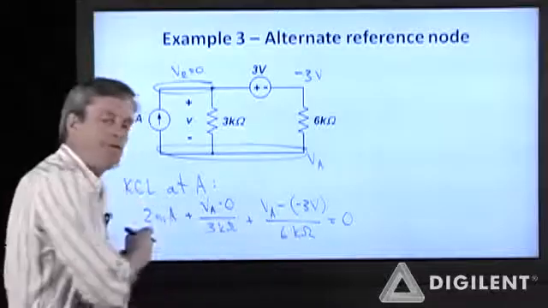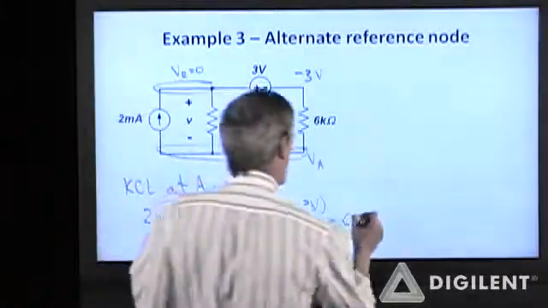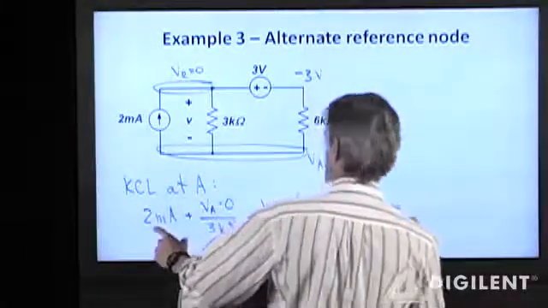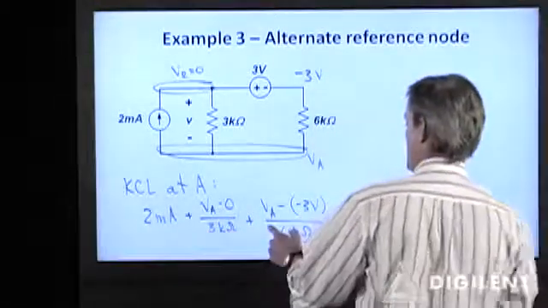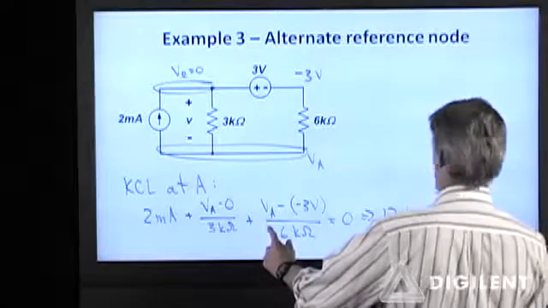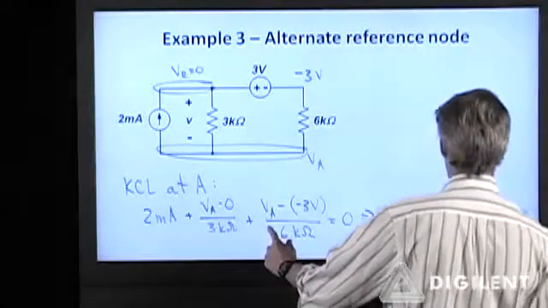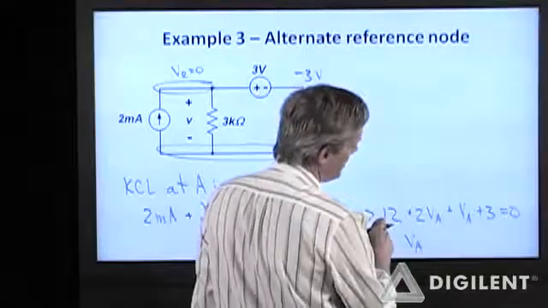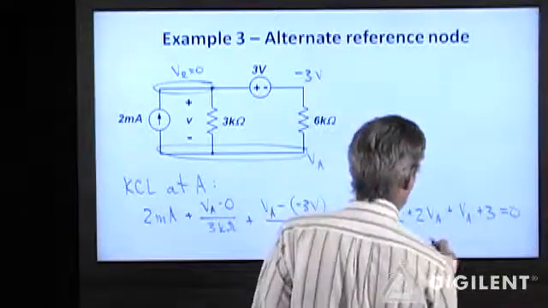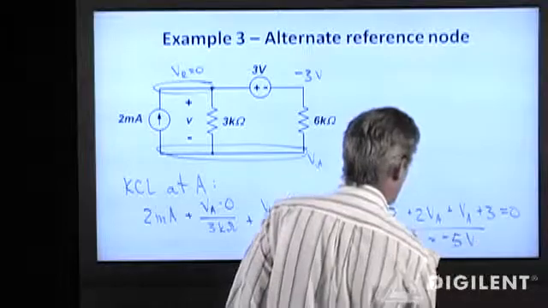If I multiply this whole thing through by 6 kiloohms, 2 times 6 is 12, plus 2 times V sub A, plus V sub A plus 3 is equal to 0. So V sub A is equal to minus 15 over 3, or minus 5 volts.